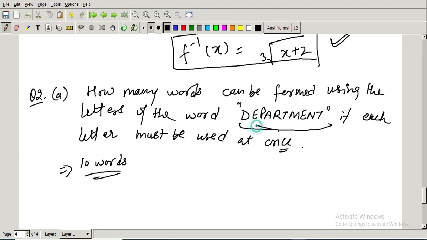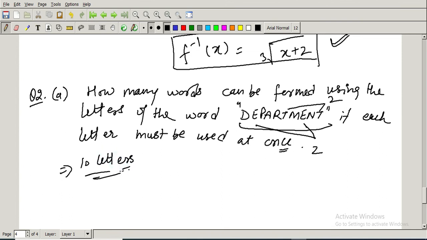The E letter is repeated 2 times, and the T letter is repeated 2 times, and all other letters appear only one time. So we have to write the 10 letters actually.